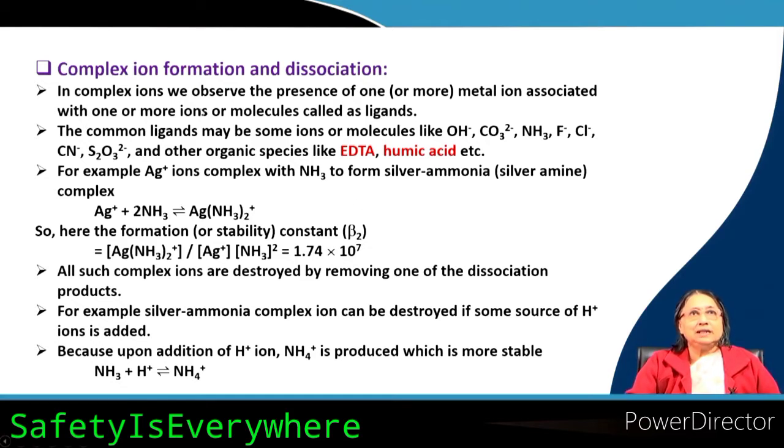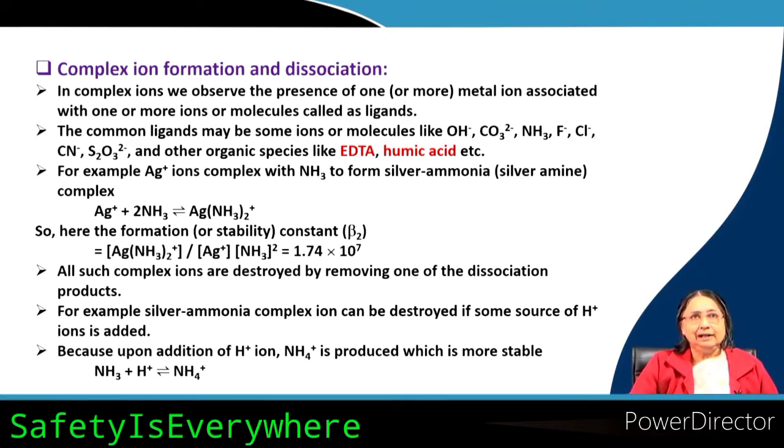If you consider a complex ion, for example Ag(NH3)2 plus, in this ion we see a metal ion, and this metal ion is complexed with, or associated with, one or more ions or molecules. Here in this case it is a molecule, but in some cases it may be an ion also.